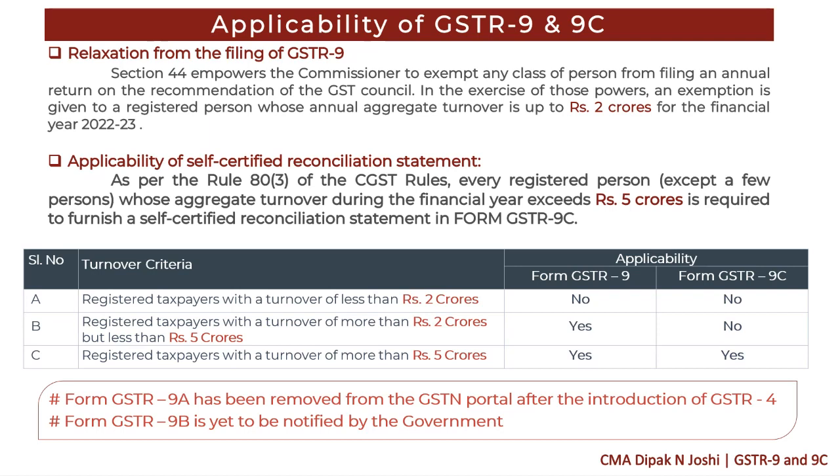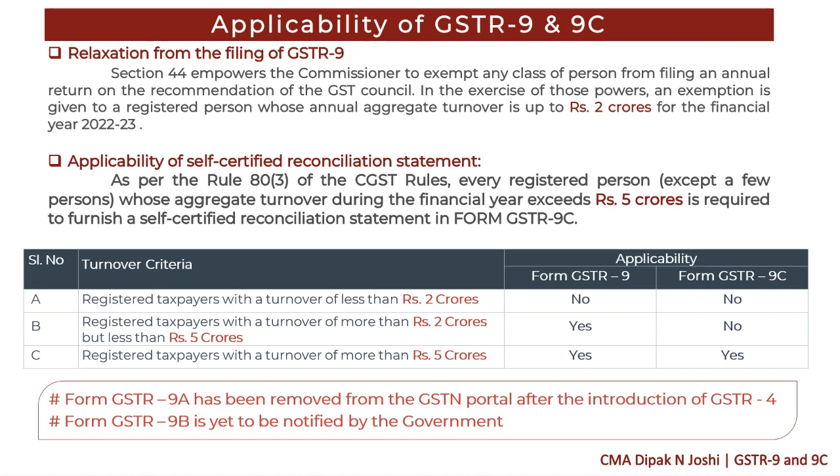Similarly, under rule 80 sub rule 3 of the CGST Rules, every registered person whose aggregate turnover during the financial year exceeds 5 crores is required to furnish a self-certified reconciliation statement in form 9C.